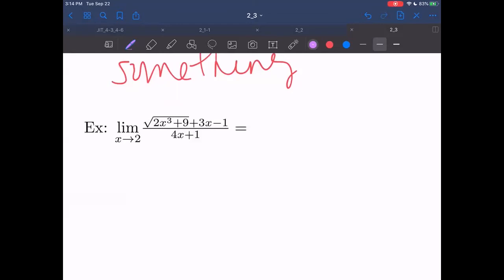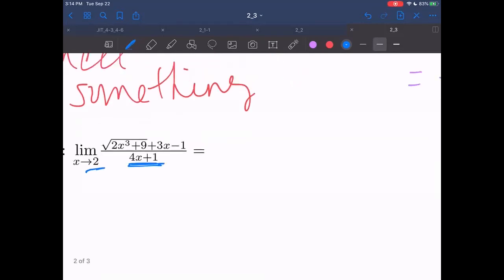When you've got any limit where it's a fraction and you've got variables in the denominator, you've got to make sure that your 2, or whatever it is that you're plugging in, is not going to cause that denominator to be 0. And because of our denominator, we don't have to worry about that. So we can go ahead and plug it in.